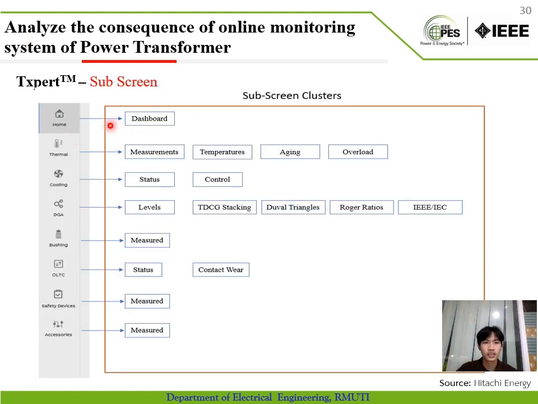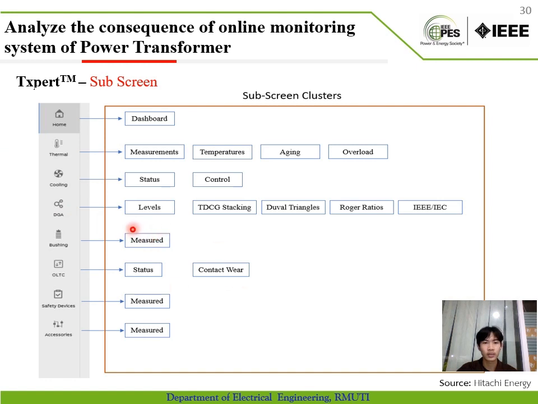And this is the TSPAD-TM subscript, provided from the icon bar such as home, along with dashboard, and thermophone, which visualizes temperature, aging, overload, and cooling status. DGA provides the value of gas, TDCG stacking, and analyzes the dissolved gas by methods such as the Duval triangle, Rogers ratio, or IEEE.